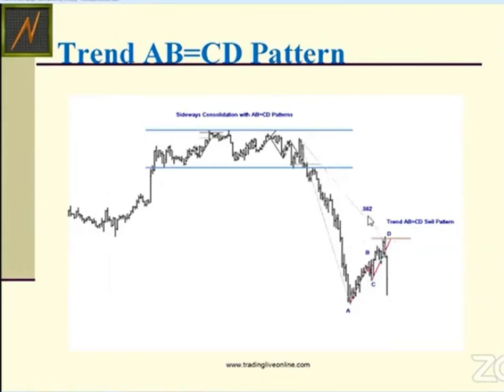This is a 0.382 retracement, which is pretty normal if you've had a strong trend, to only get to the 0.382 or maybe the 0.50. And sometimes if it's very, very strong, it'll just be shy of the 0.382. So I think that's pretty good, as recent an example as I could get for you.